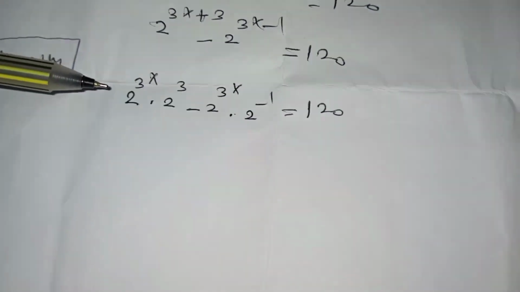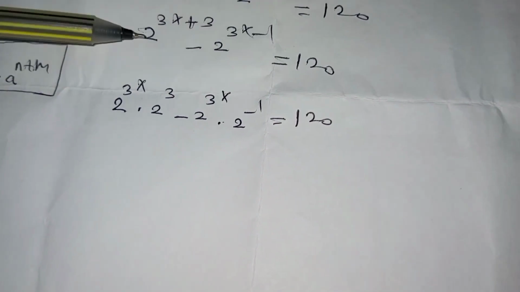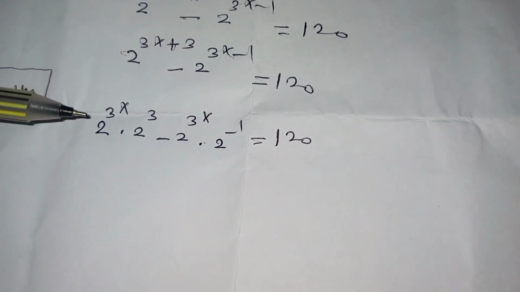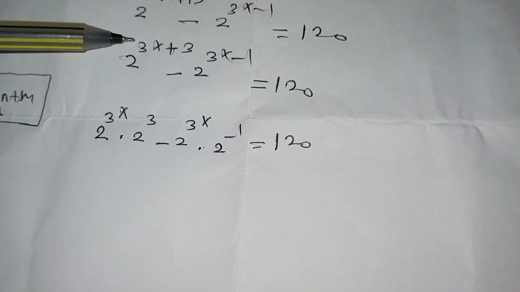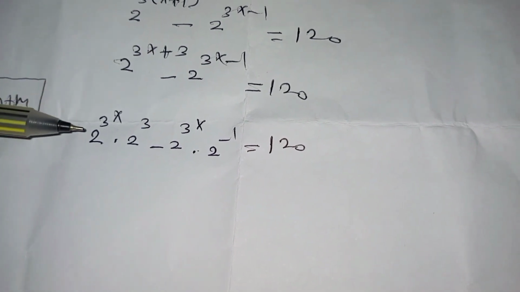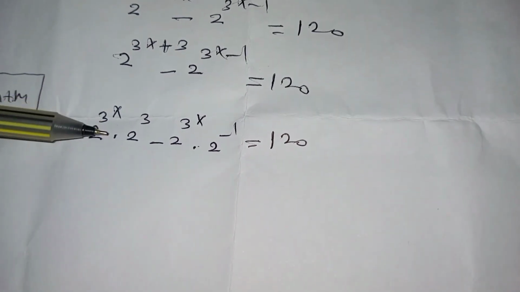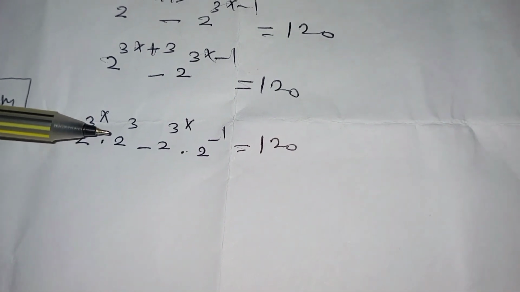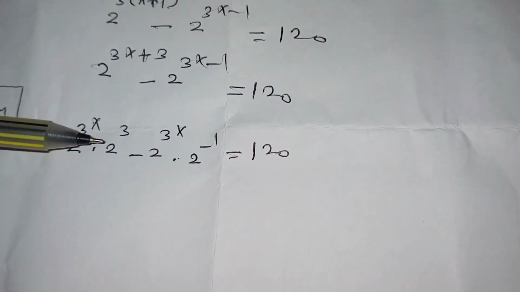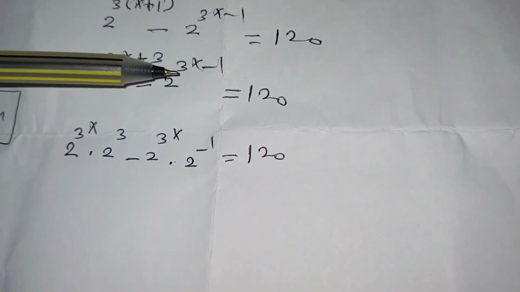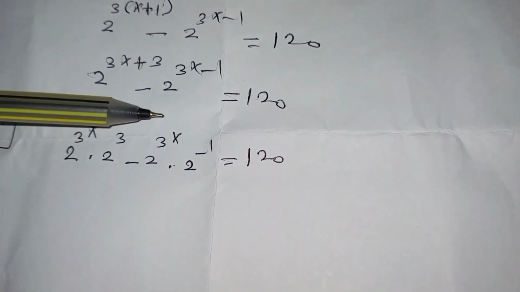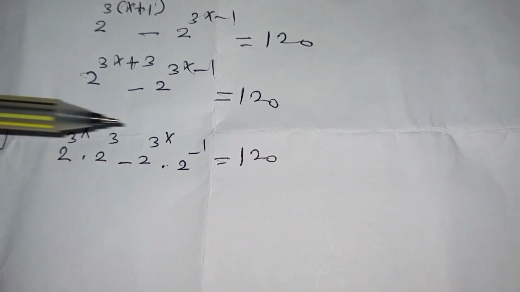So that is what I have made use of here, whereby now I have separated the index. Instead of 2 power 3x plus 3 can be written as 2 power 3x multiplied by 2 power 3, and instead of 2 power 3x minus 1 can be written as 2 power 3x times 2 power negative 1.